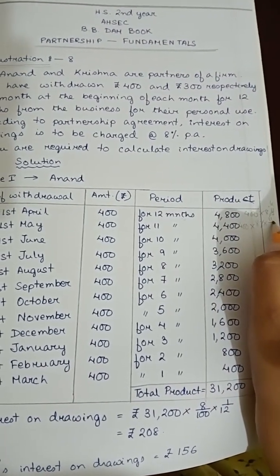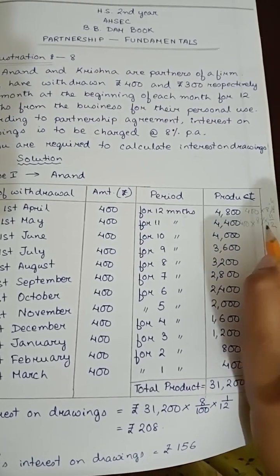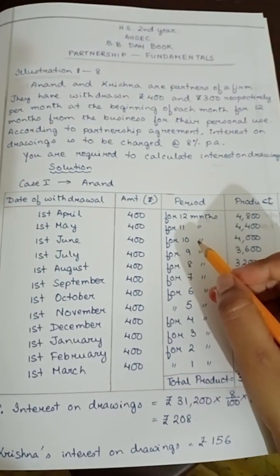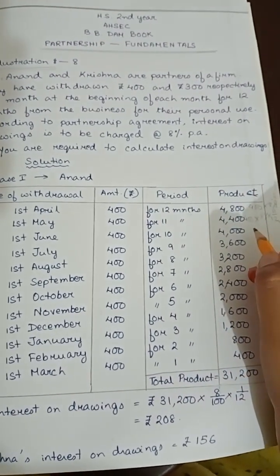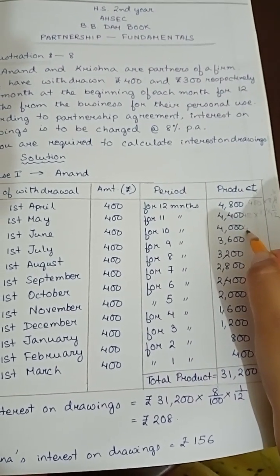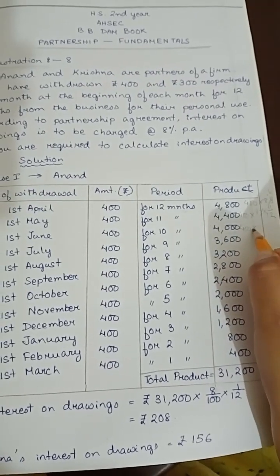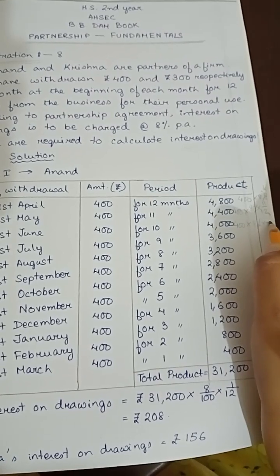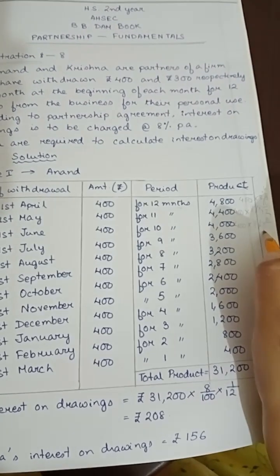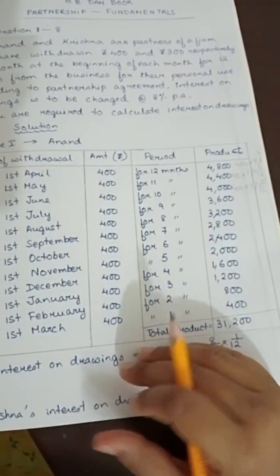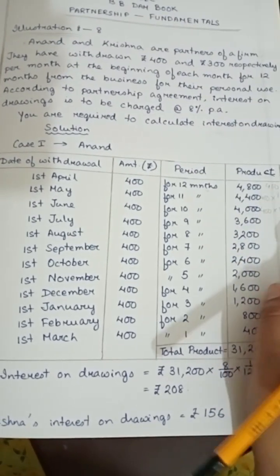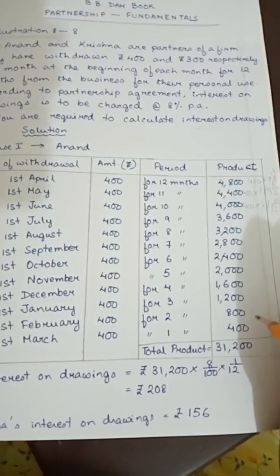So 11 by 12. Again for the next month, that is the month of June, 400 is withdrawn into 8% into 10 by 12. So this is how the calculation carries on for the whole year.